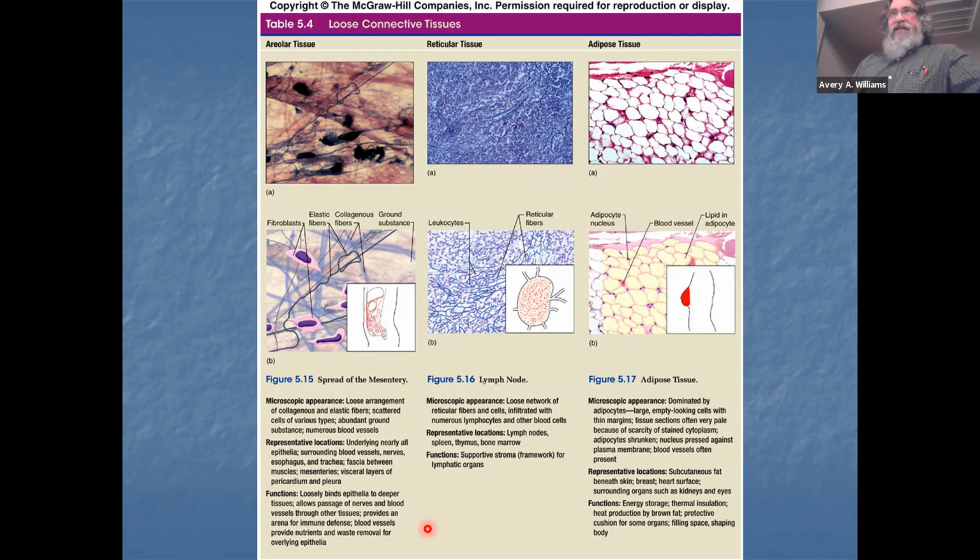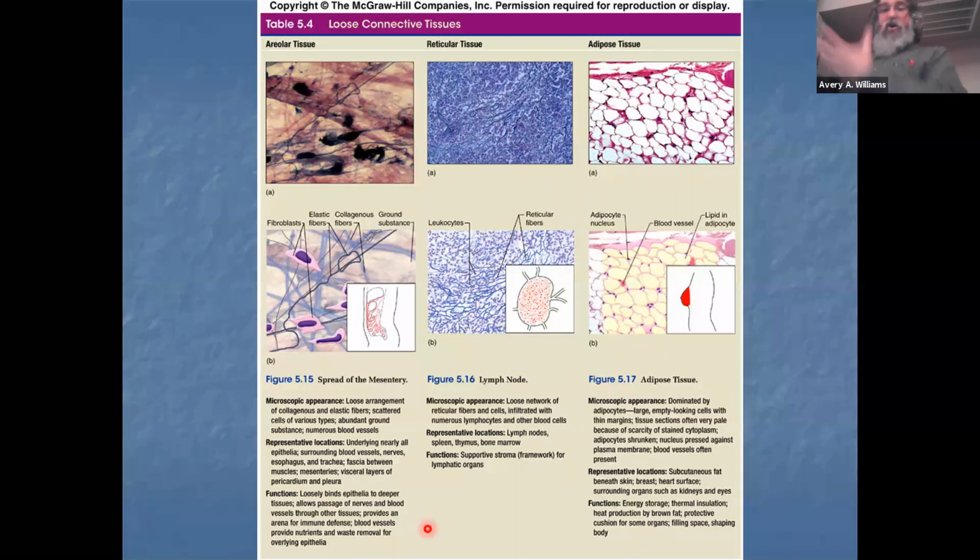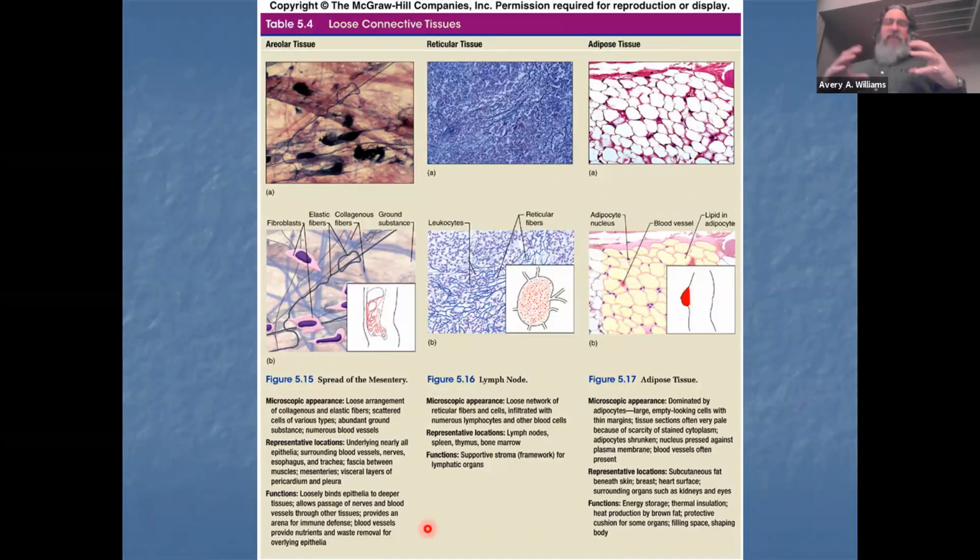Propria means, I think, one's own or something. It's like the layer that belongs to one. I'm not sure why they say that. Maybe it's referring to the layer of connective tissue associated with, or owned by, I'm just speculating here, the epithelial tissue. I don't know. But it's called the lamina propria.